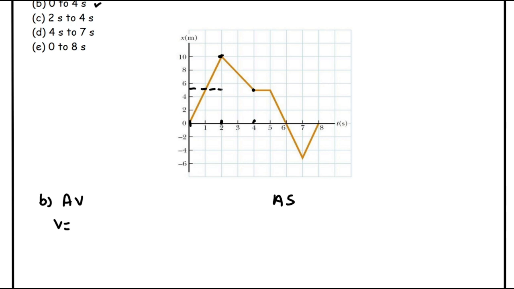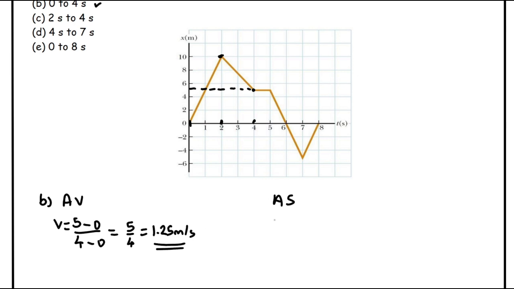It's roughly around 5 meters, in between 4 and 6. So the final position is 5 minus the initial, 0, over the final time, 4 seconds, minus the initial. This gives us 5 over 4, which is around 1.25 meters per second.